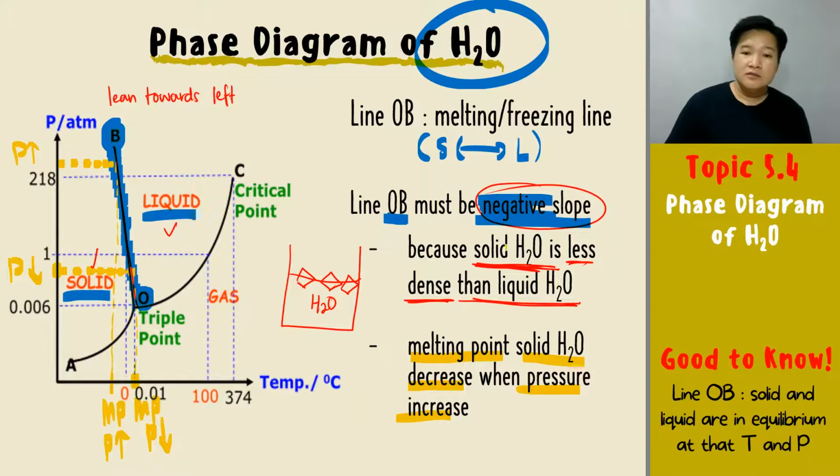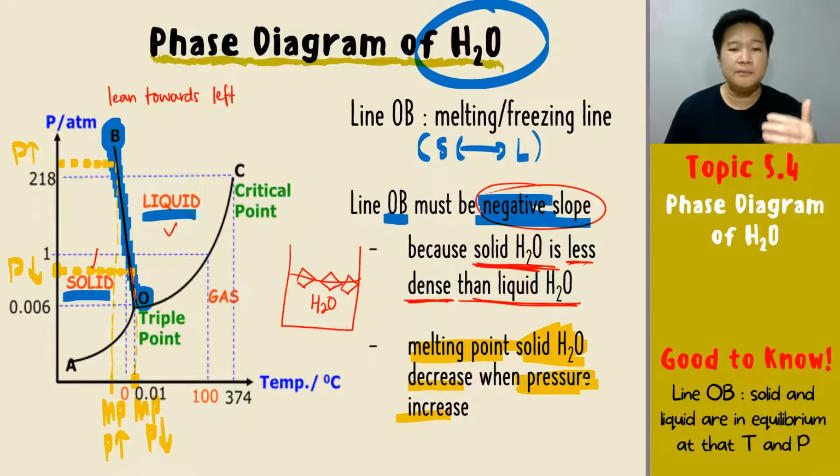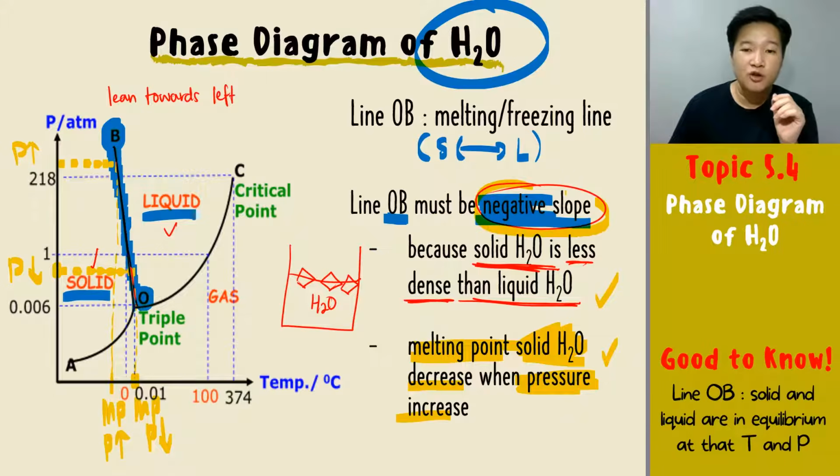Can you see that? So in solid water, the melting point is inversely proportional to the pressure. The higher the pressure, the lower the melting point. So these are the two things that we can know from the negative slope between your solid and your liquid.